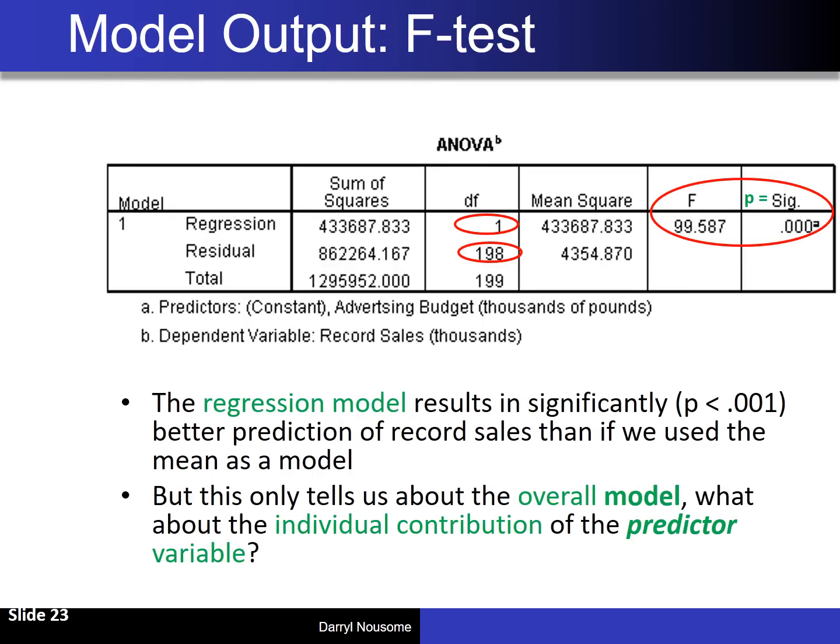Like I mentioned before, remember we have both an F test that tests the overall model, and then a beta table that tests individual predictors. Let's take a look first at our ANOVA table, which tests our overall model. This table is pretty much the same as what we've seen before. We have our regression sums of squares, our residual sums of squares, and our total sums of squares.